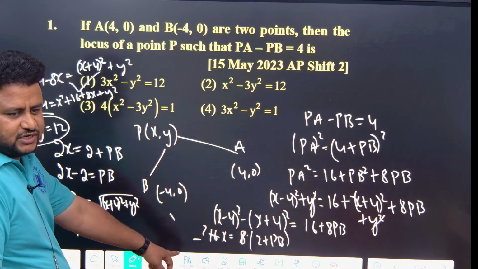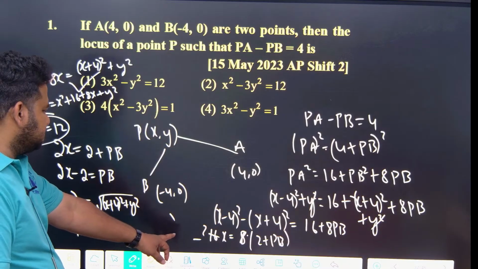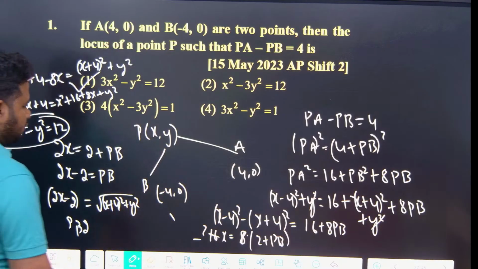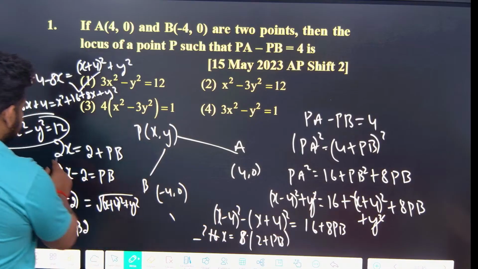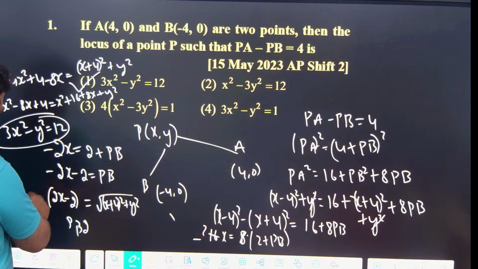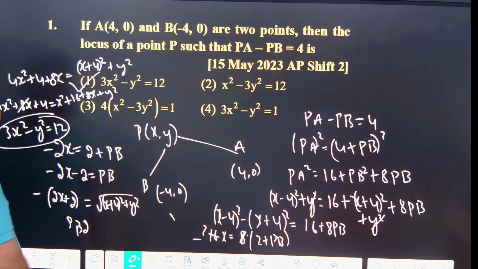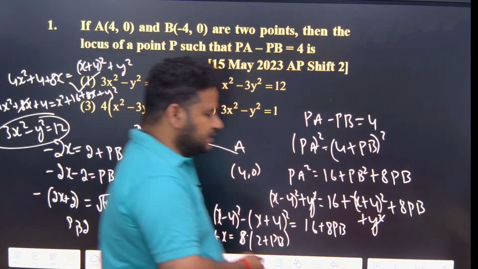Minus 4ab, correct? Now minus 16x. So what happens here? This will be minus 2x. If I bring it this side, this will be minus 2x. If I take minus outside, it will be minus 2x plus 2. Now if I square on both sides, this will become plus. Now it will cancel. Understood everyone now? There minus will be there.